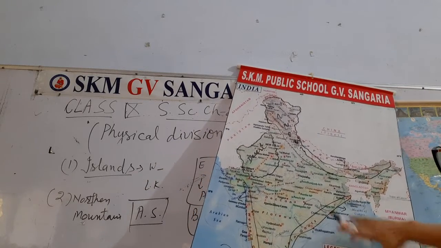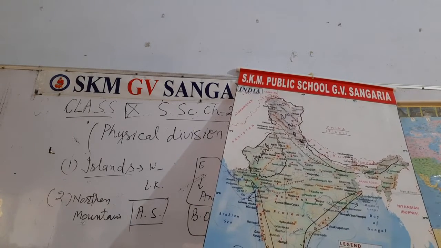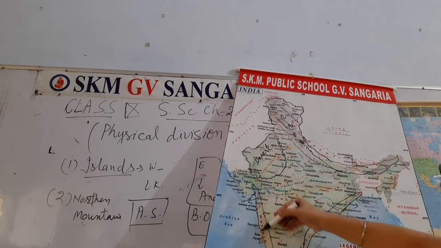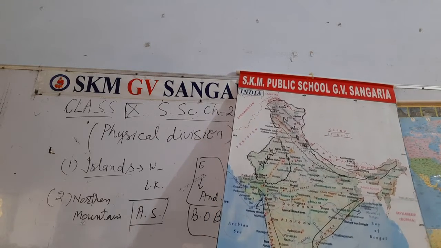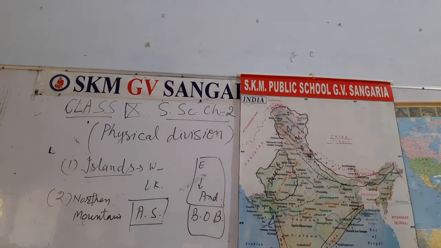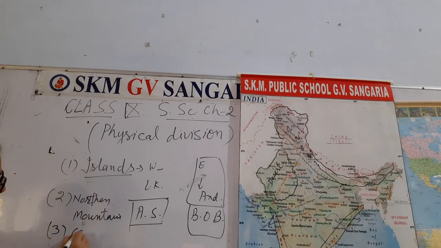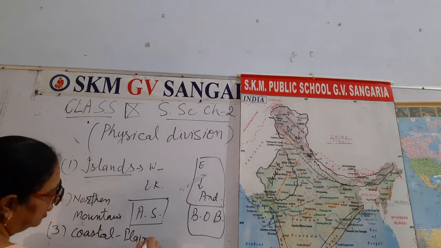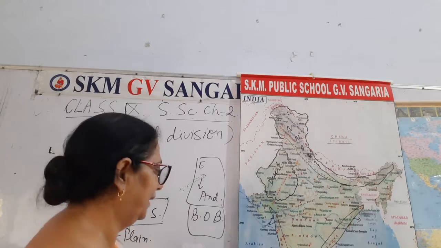Here it is Bay of Bengal, here it is Arabian Sea, then Indian Ocean. So this part of India from Gujarat, Gulf of Kutch to here, Kanyakumari, up to here Sundarban Delta, that is peninsular India, and coastal plains are located in peninsular India, both sides, eastern coastal plains and western coastal plains.